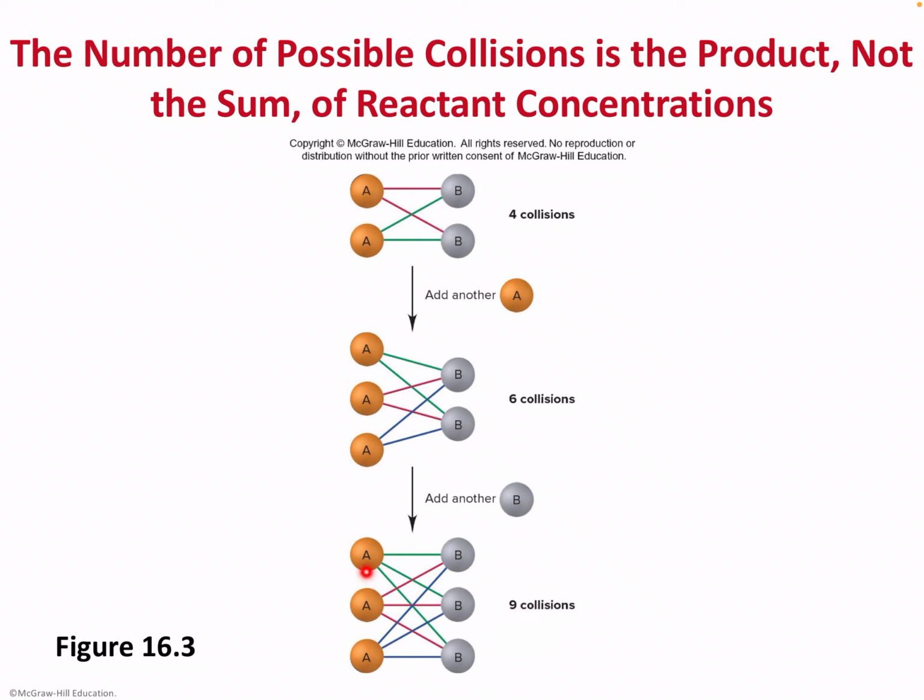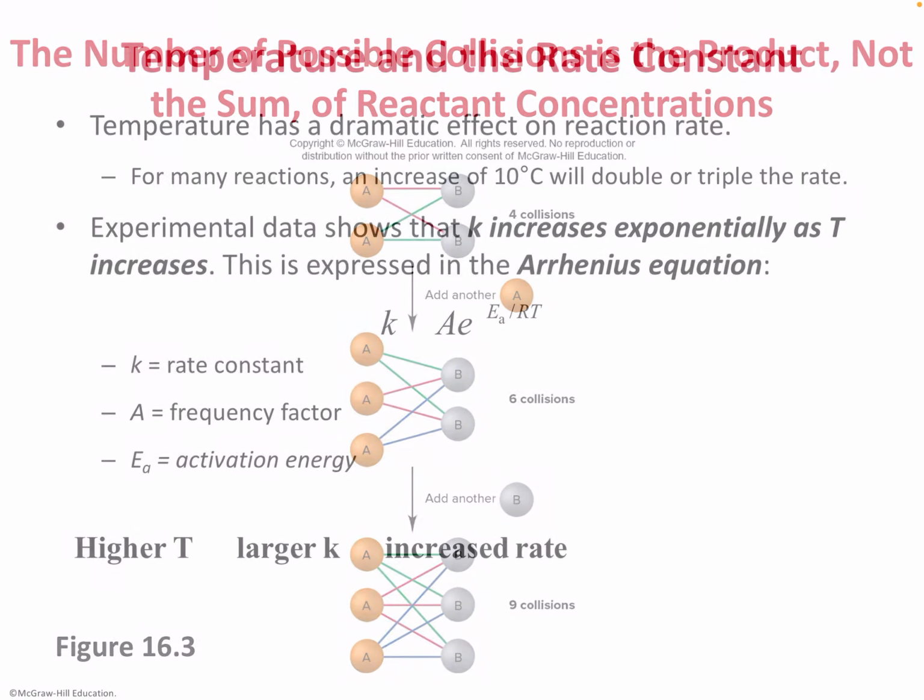So it's going to be the product of their particles. 2 times 2, 4; 2 times 3, 6; 3 times 3, 9. Not 2 plus 2, 4; 2 plus 3, 5; 3 plus 3, 6. So it's a product of the particles.